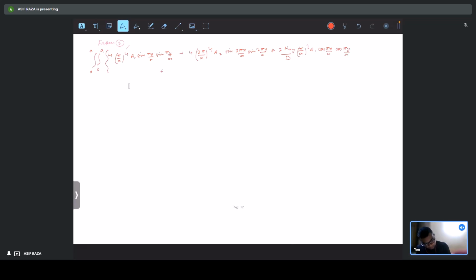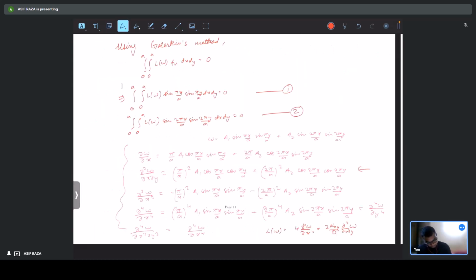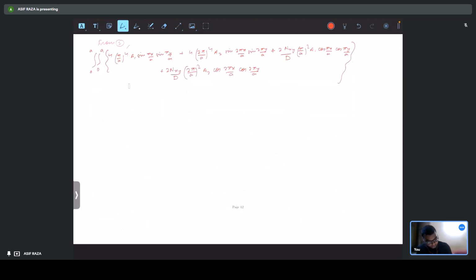Similarly, plus 2 nxy by d, 2 (pi by a) whole square a2 cos(2 pi x by a) cos(2 pi y by a), multiplied with sin(pi x by a) sin(pi y by a) dx dy equal to 0.